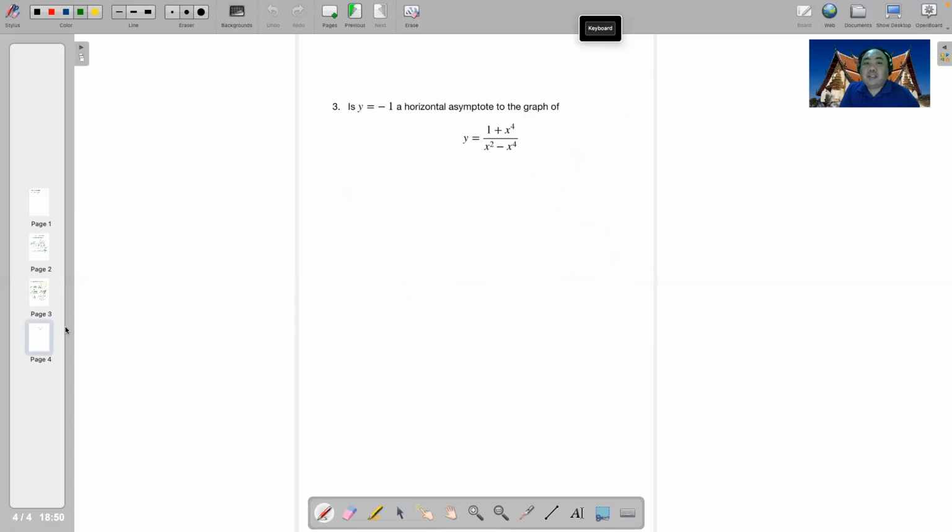Is y equals -1 a horizontal asymptote to the graph of y equals 1 plus x to the fourth over x squared minus x to the fourth? Let's check. What is the limit of 1 plus x to the fourth all over x squared minus x to the fourth as x approaches infinity?